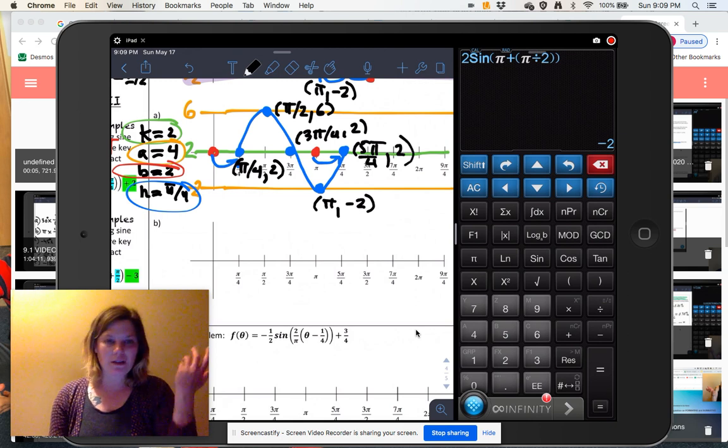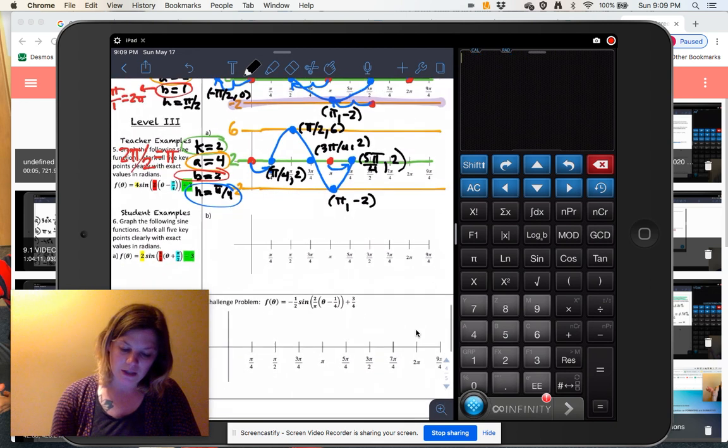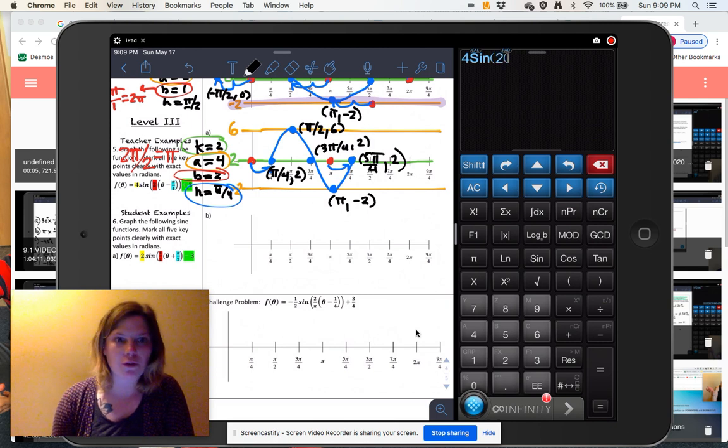So I'll just show you how you can do this on your calculator to check your answer just to make sure. So we're rewriting the function. It's 4 sine of 2, and then let's just check our answer for pi over 4, that first point in our cycle. So I'm going to put in parentheses just to be careful, pi over 4. And then we have minus pi over 4.